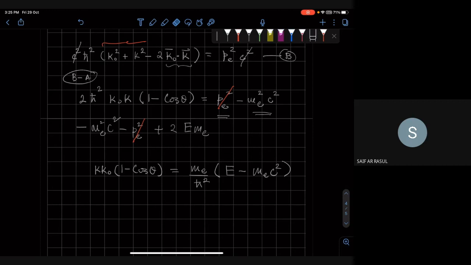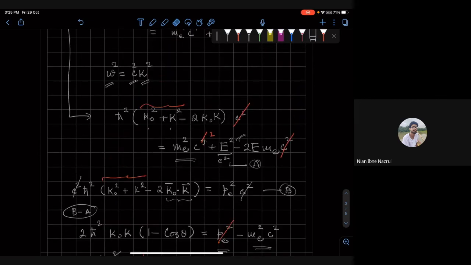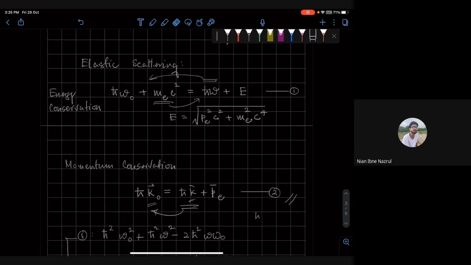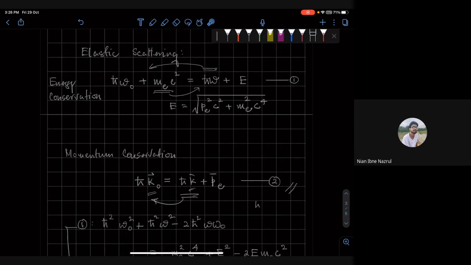Okay. Yes, sir. All right. Okay, so now what we can do is that we can say, okay, what is this? From our energy equation, somewhere above, we see that E minus me c squared is h bar omega naught minus h bar omega.